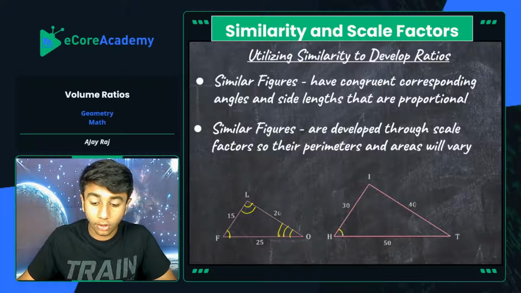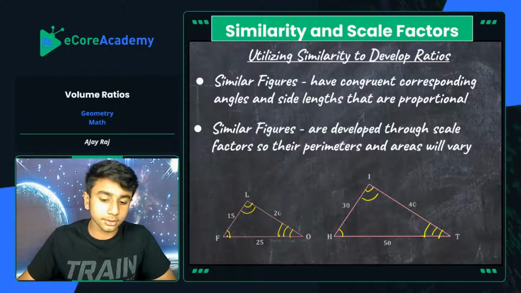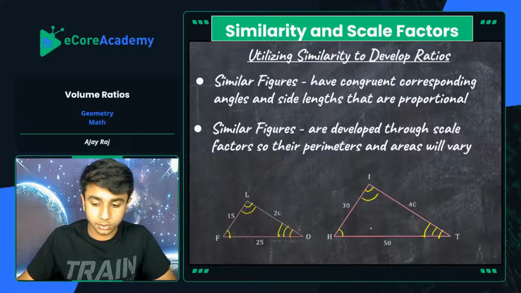And that's not all, though. Because they have all congruent angles, all the sides must be proportional. Let's look at the angles first. Angle F corresponds with angle H in the same location. They have the same angle measure as L, I and O, T do as well. So those are your corresponding angle pairs that are congruent.